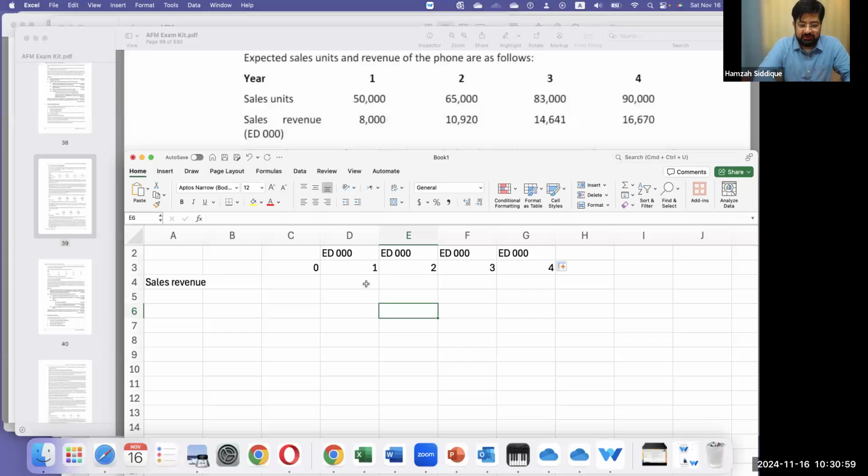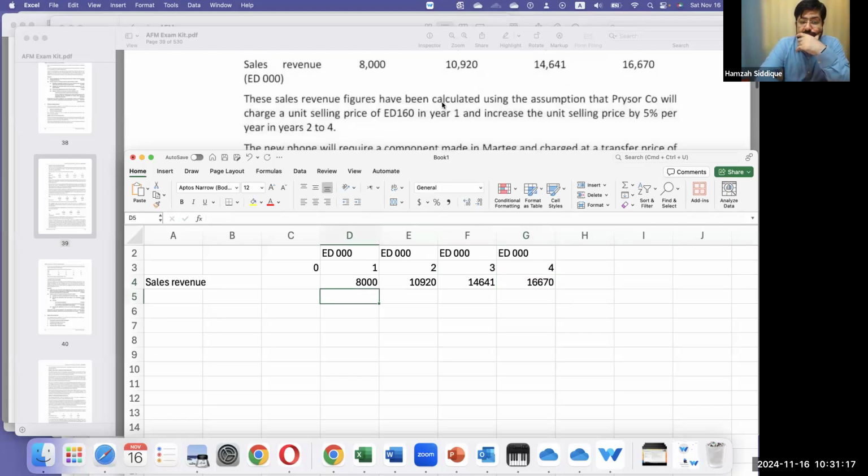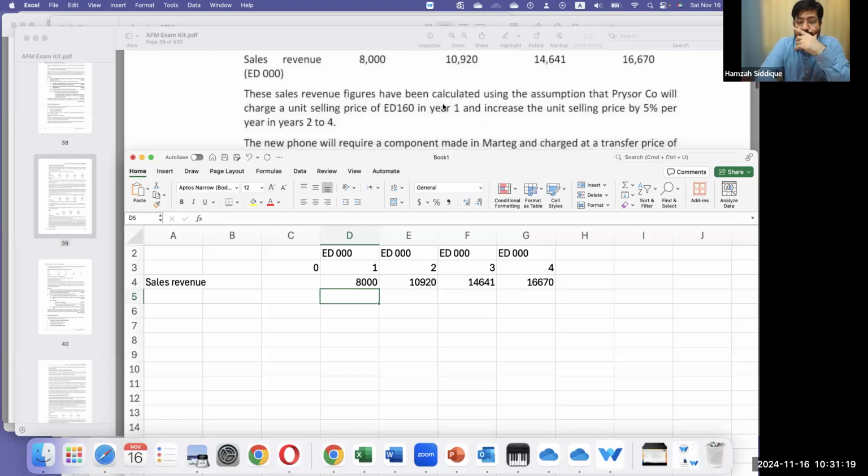So sales revenue is 8,000, 10,920, 14641, and 16670. These are the sales. Next.